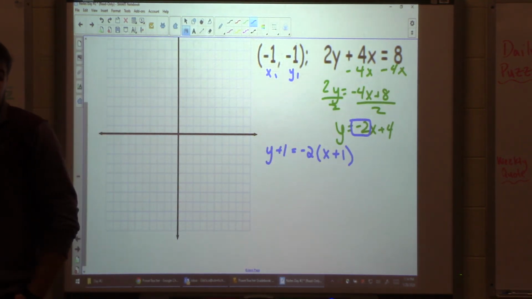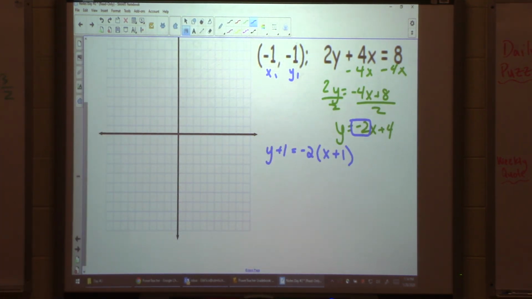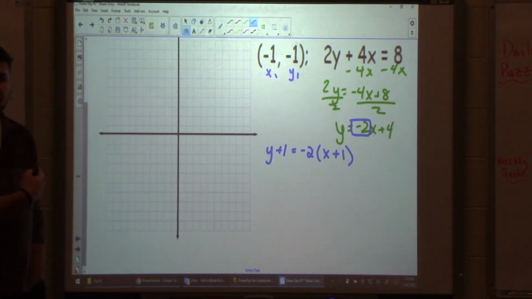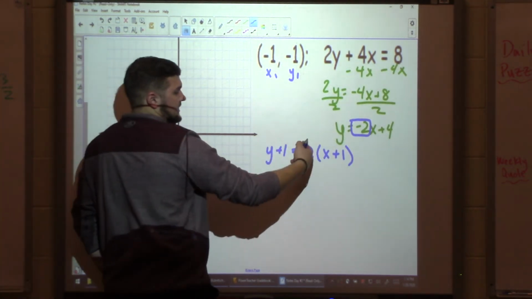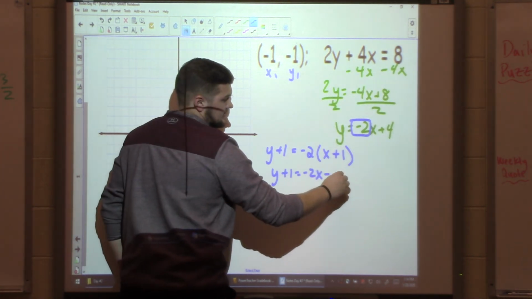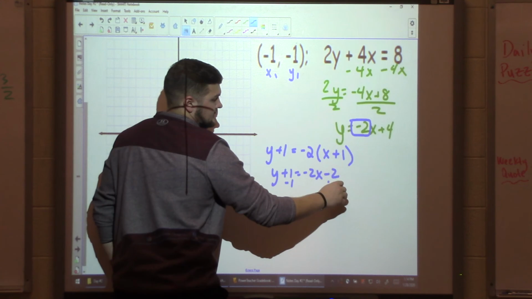Okay, so I found the equation of my second line. However, is it going to be easy to graph out of that form? No. I mean, I could use the point that I started with, but I still want to find the nice equation to graph with. So I'm going to change it. Distribute my negative 2. Y plus 1 equals negative 2x minus 2. Subtract 1.